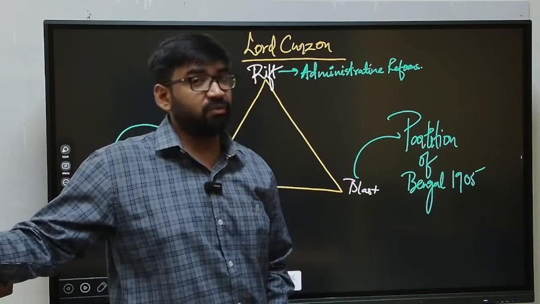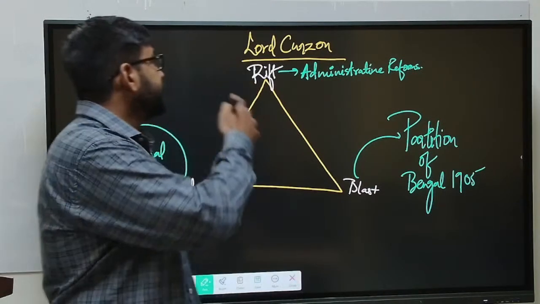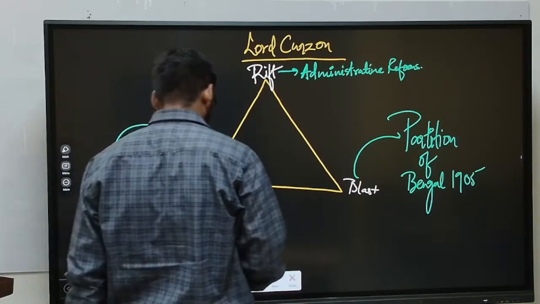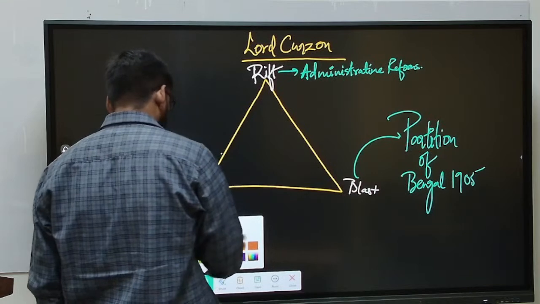Now, first we'll try to understand administrative reforms. What were his policies? There were two administrative reforms.